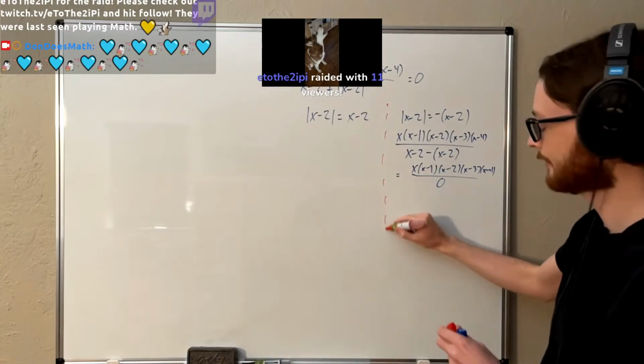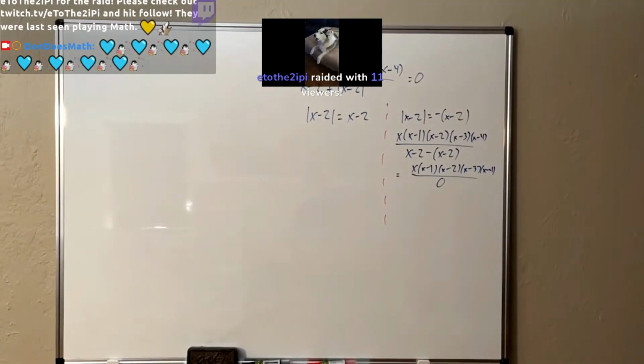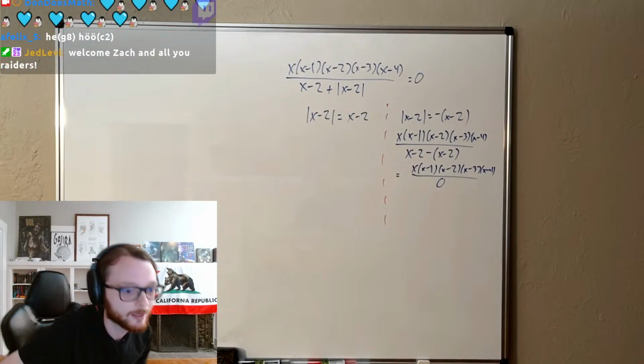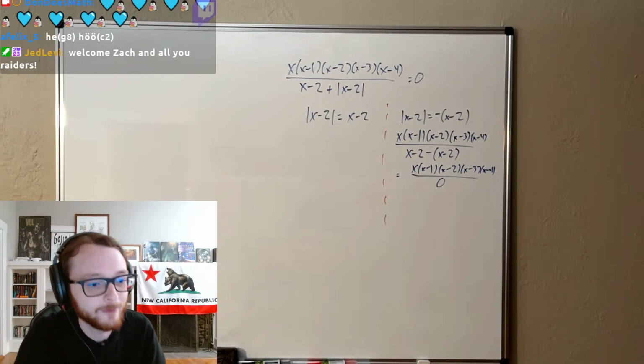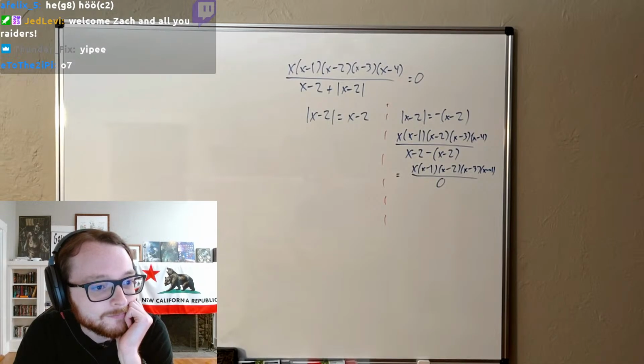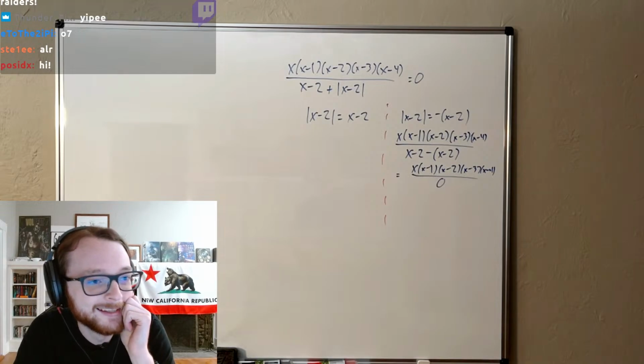Oh! Zach, thank you so much for the raid. Oh shoot, what did I just hit? I just hit a weird hotkey. Oh, I know what hotkey I hit. Never mind, it's fine. Felix, hey. I hope your data collection was good, Zach.